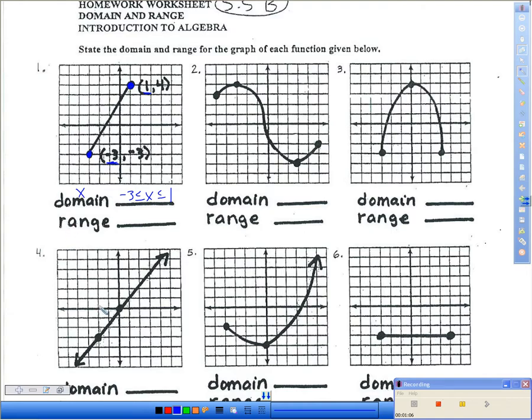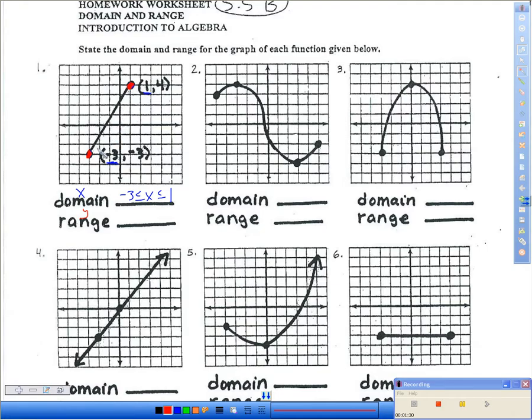Then when we're talking about the range, the range is where the y's touch on the graph, or which y values are reached on the graph. So we want to consider how far down on the coordinate plane the graph reaches to how high our function reaches.